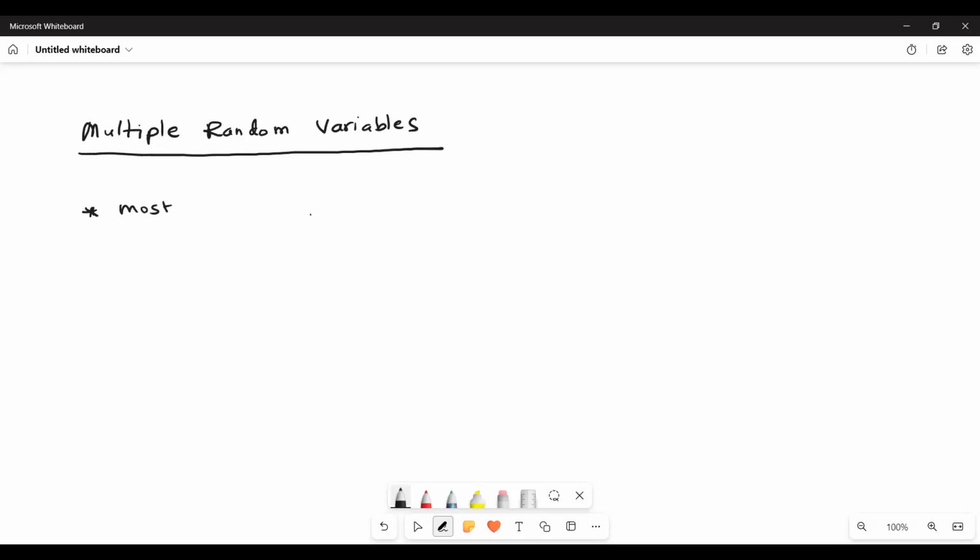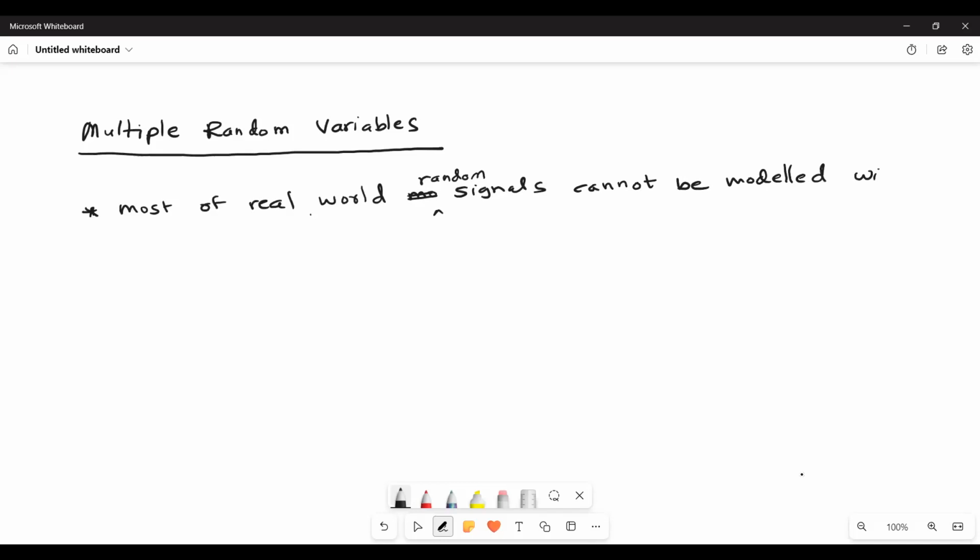Most real world random signals are a combination of random variables, and therefore cannot be modeled using a single random variable.